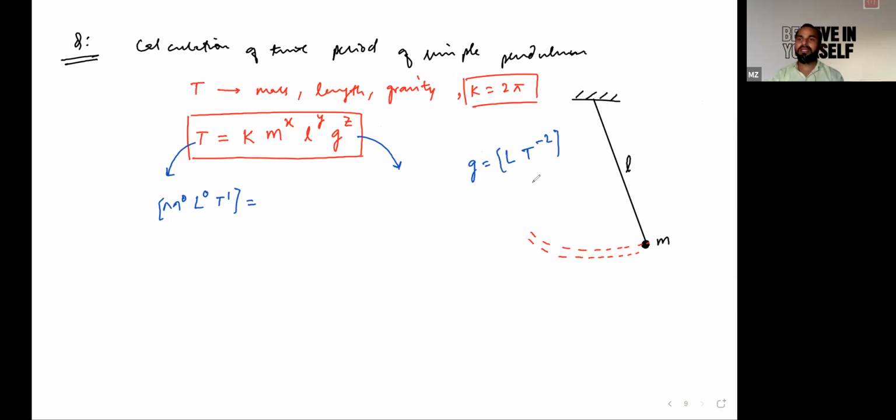Don't get confused with capital G, which is called the gravitational constant.